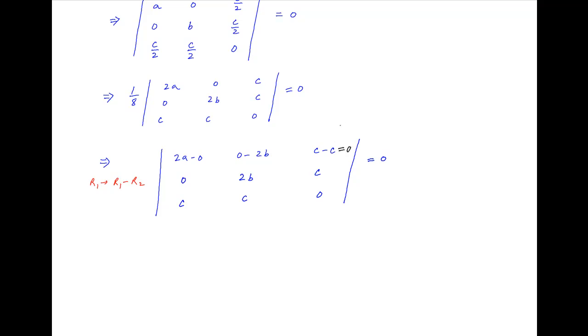Now notice that in the third column, the first and the third elements are 0. Only the second element is non-zero.